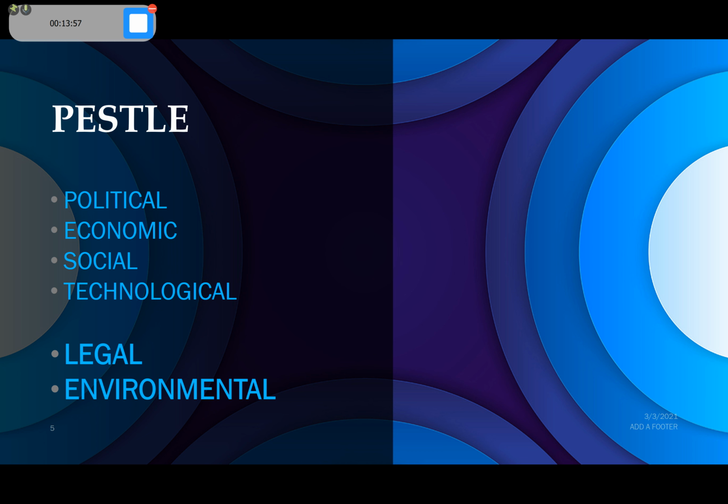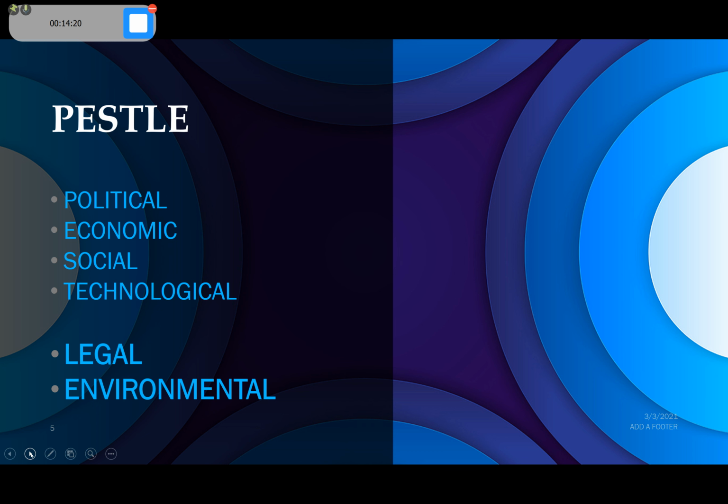So just taking one thing, you can see how it relates to a lot of different categories. So as I say, just be clear if you are doing a PESTLE analysis or a STEEPLE analysis, that you are clear why you think it's political, why you think it's economic. Those explanations, that justification is really important as well.